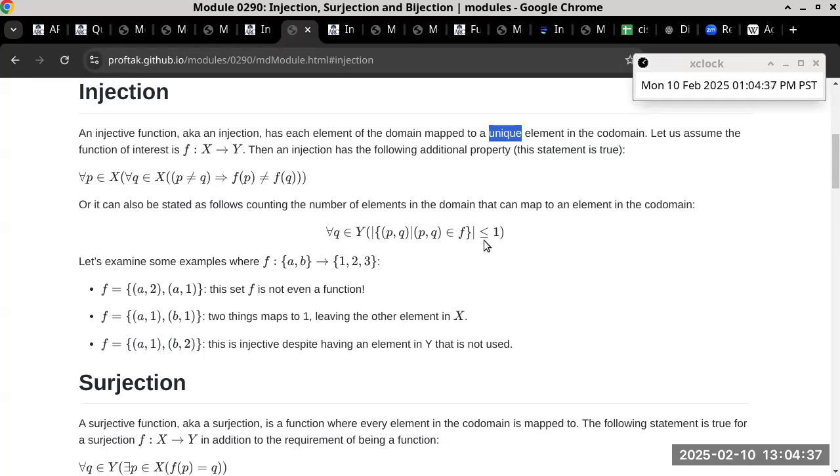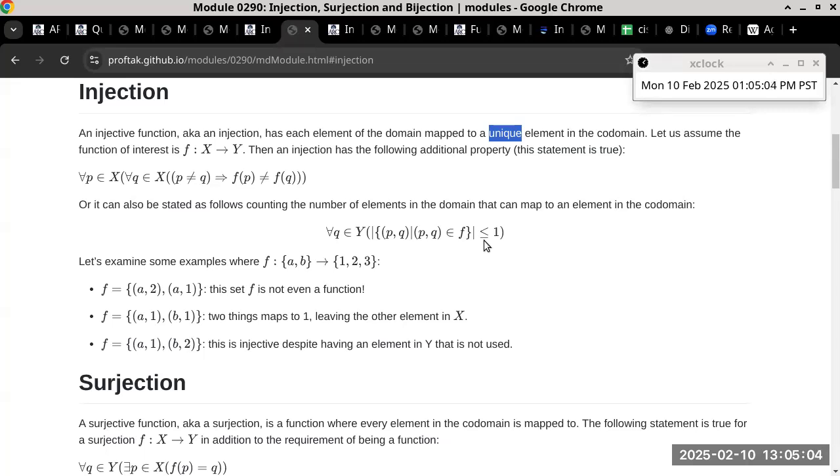So what are we counting? What has to be less than or equal to 1? It is the cardinality of a set. So what qualifies to be an element in this particular set? Every element in this set is in the form of a two-tuple, P Q, such that, this middle bar means such that, P Q is an element of F. That's all it is.